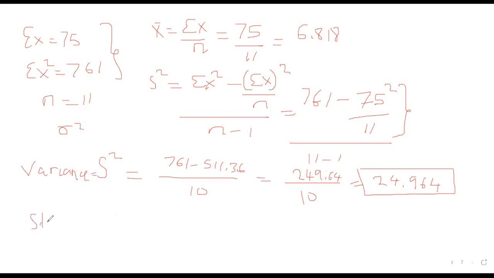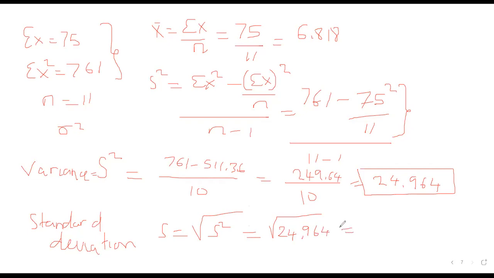The standard deviation is simply the s without the squared. So we get it by square rooting our variance. What is the square root of 24.964? 4.996.